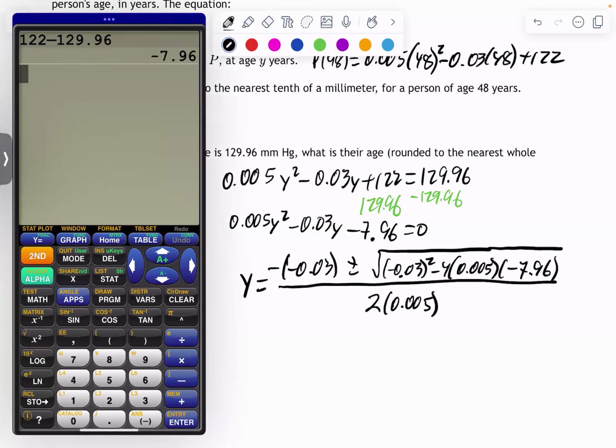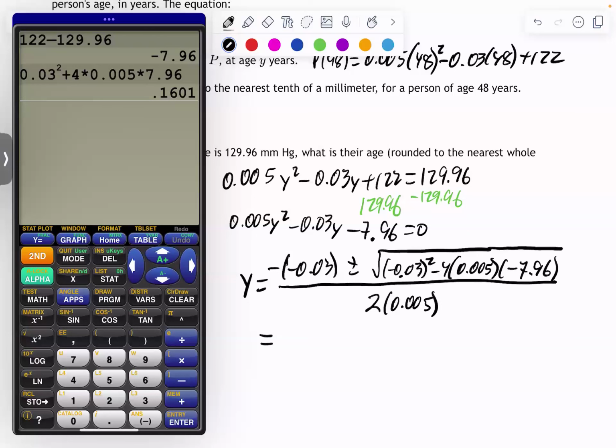All right, let's figure this out. So let's do 0.03 squared. That's going to become plus because the -4 and the -7.96. So plus 4 times 0.005 times 7.96.